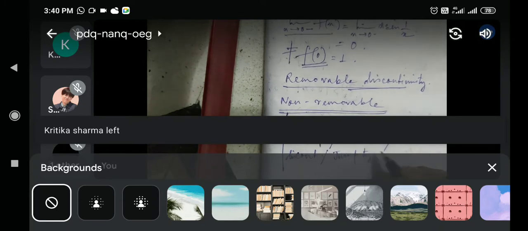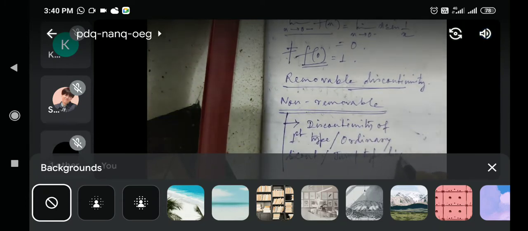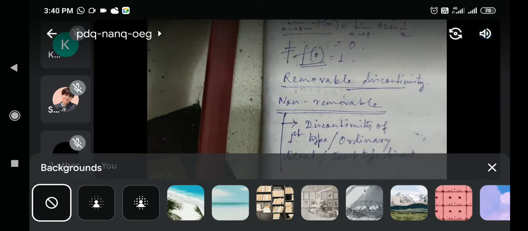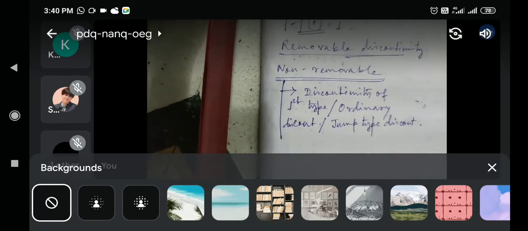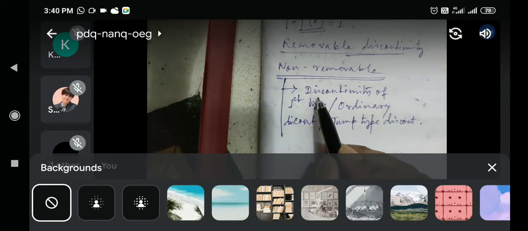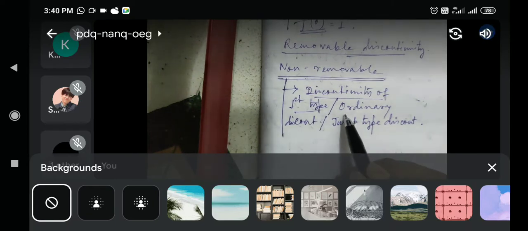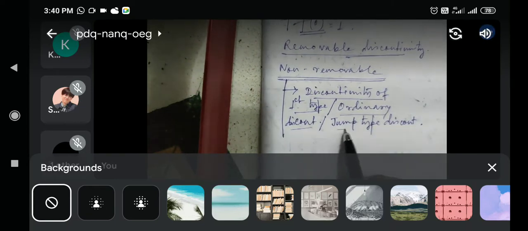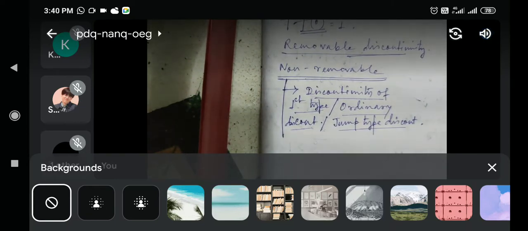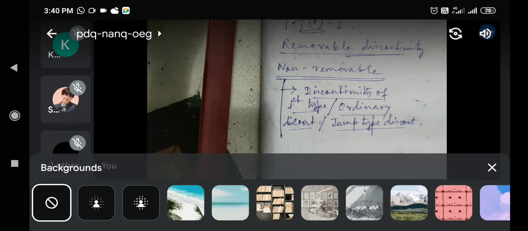It has several names. And what is the definition, or what is the criteria?